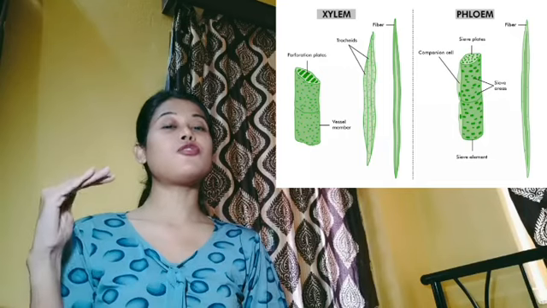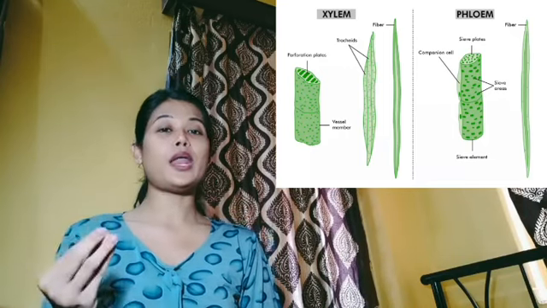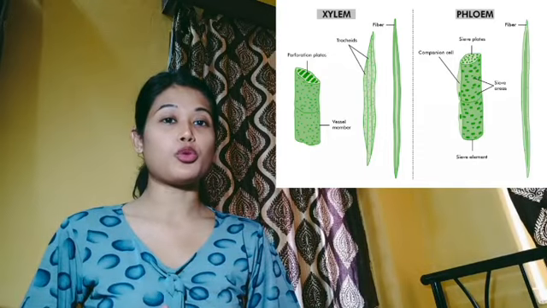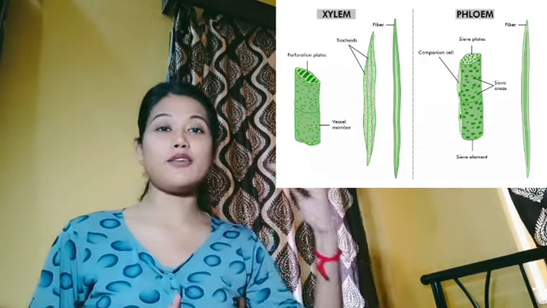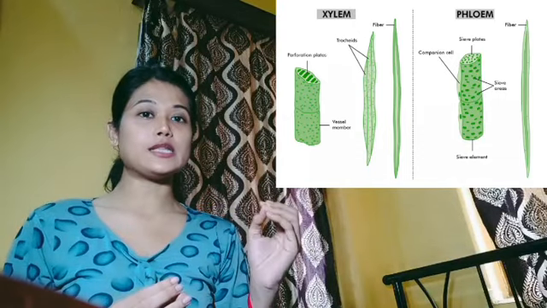Now, the main function of the xylem is to provide support to the plant, whereas phloem provides support to only the sieve tubes. One more important difference that you must remember: in xylem we have tracheids, vessels, xylem parenchyma and xylem sclerenchyma.